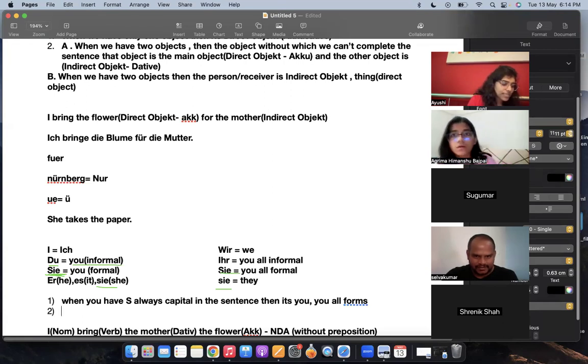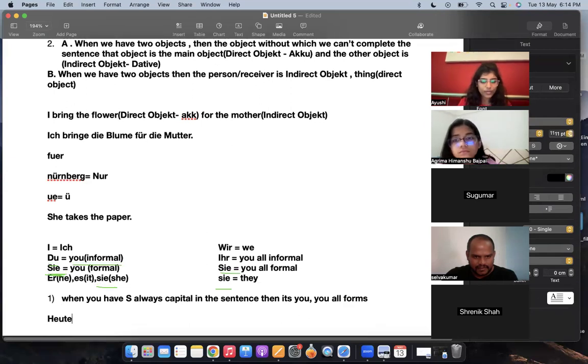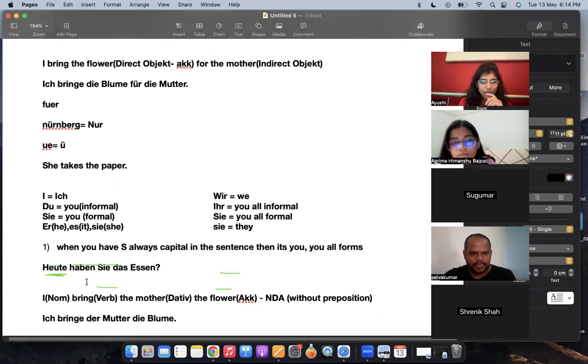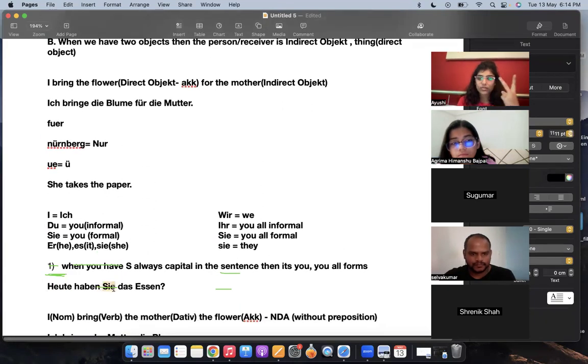Exactly. So basically, no matter wherever I write Z, if I'm writing a sentence like Heute haben Sie das Essen? Whatever the sentence is, do you see that Z is present at the third place in the sentence, but the S is capital?